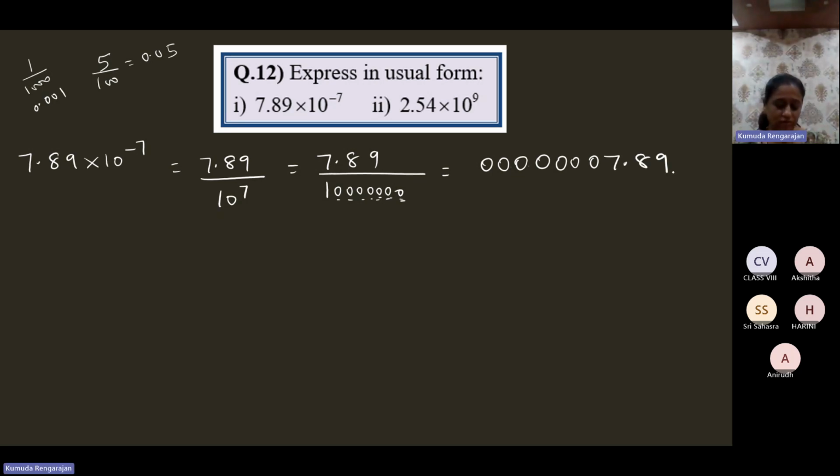Then after that, I just wrote this number 7.89. Now shift the decimal point. It's here, no? So 1, 2, 3, 4, 5, 6, 7. So this is the answer. Do this in the rough column. 0.000000789.